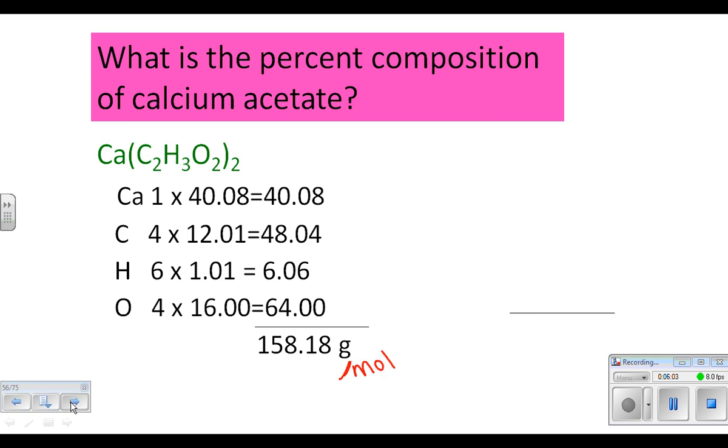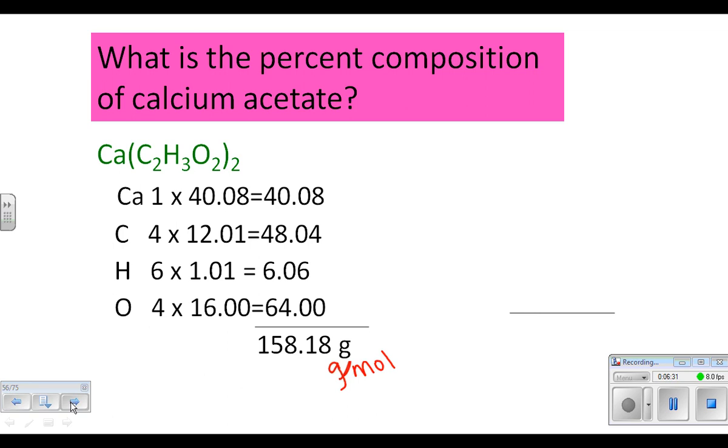Then the 48.04 will have to be divided by 158.18. The 6.06 will have to be divided by 158.18. And the 64 will have to be divided by 158.18. Then we'll have to multiply all those by 100 to get our percentages.